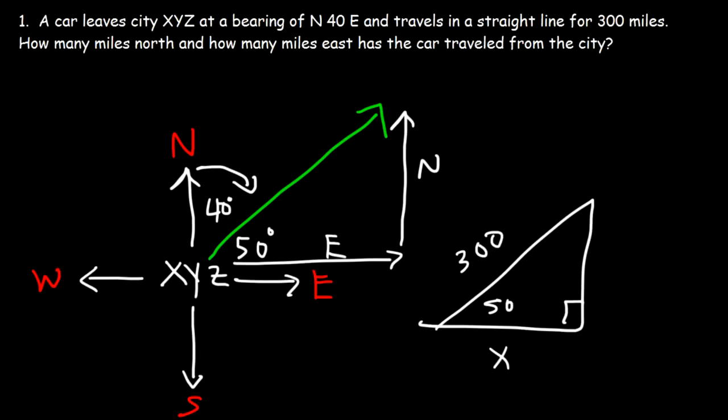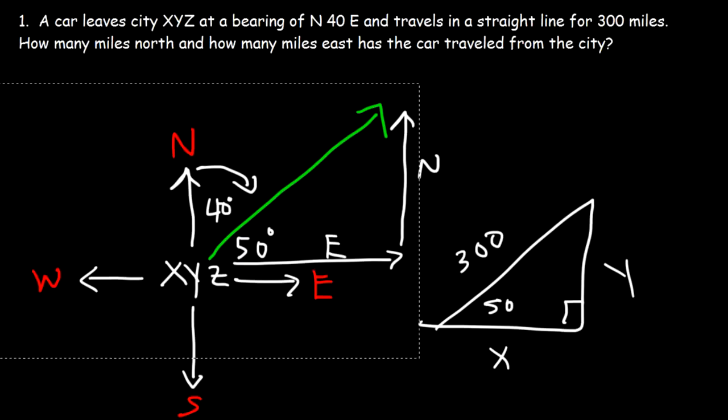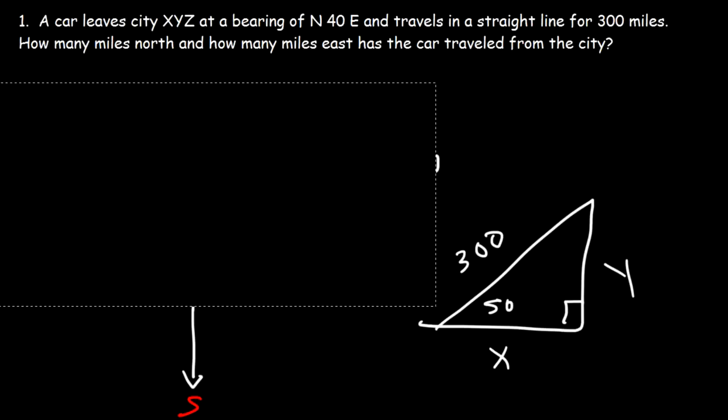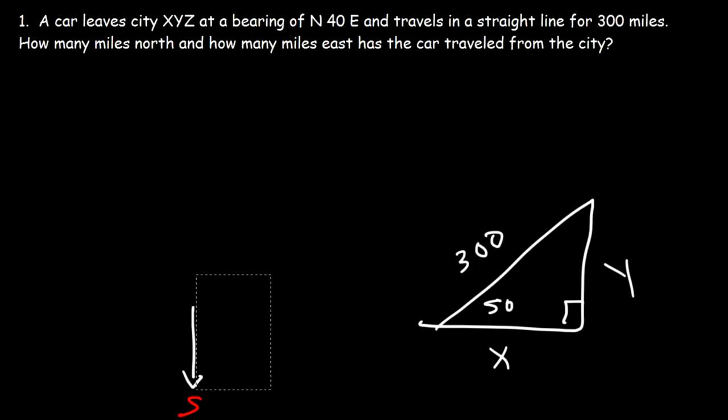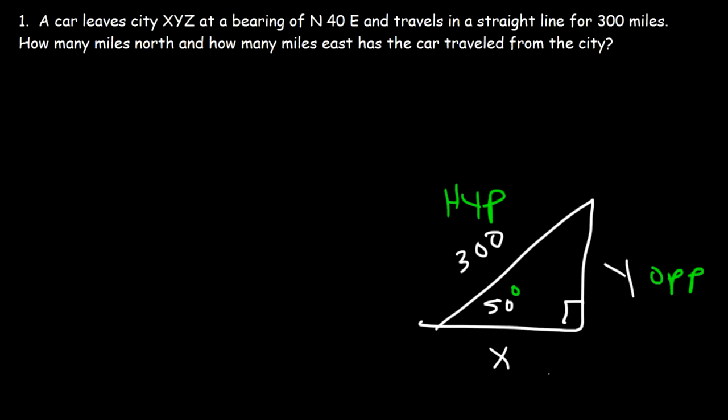We need to find x, which is how far he traveled east, and y, which tells us how far he traveled north. So what function should we use to find y? We have the hypotenuse, and y is the opposite side relative to the angle 50. x is the adjacent side. So to find y, we need to use sine.